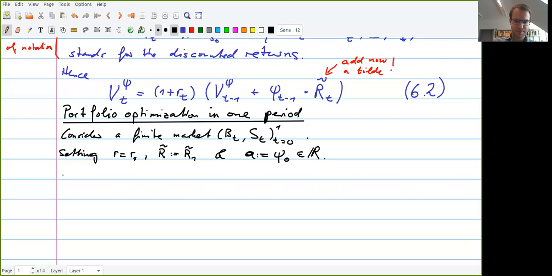Now if I look at my recursion formula I derived in 6.2, which you see here in blue, this simplifies.